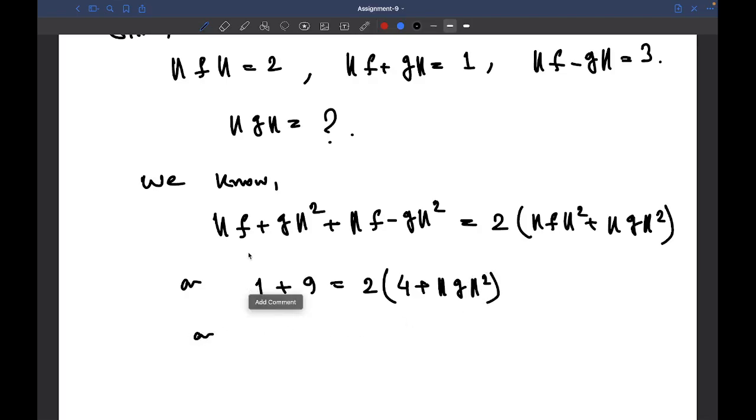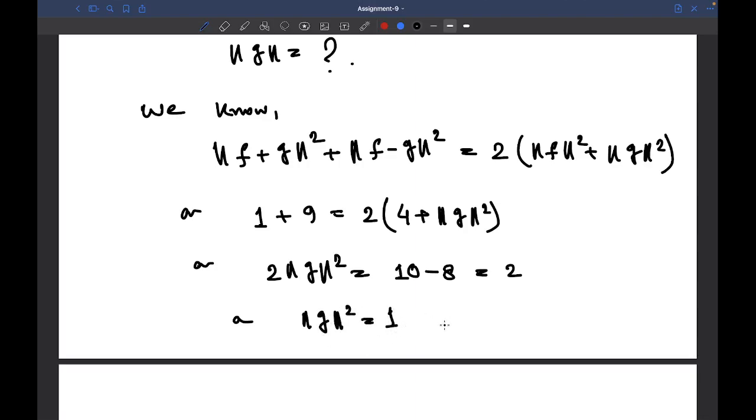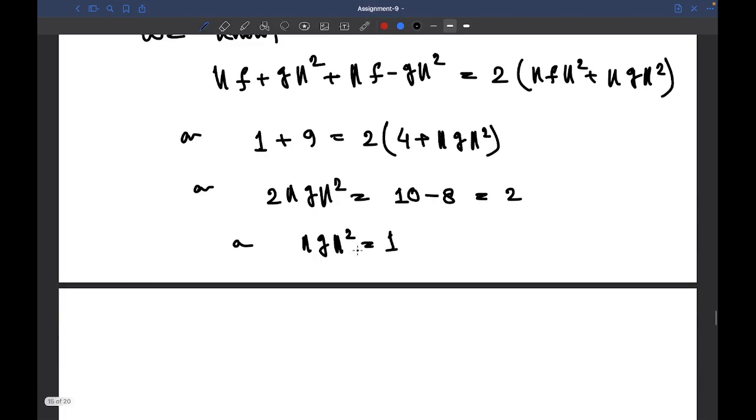So 2 times norm g squared will be 10 minus 8, which is 2. So norm g squared is 1, which implies norm g is 1.